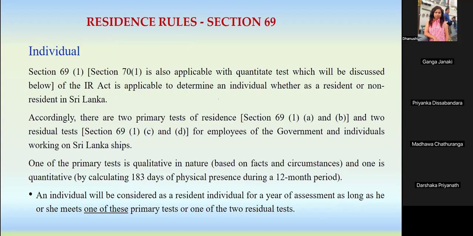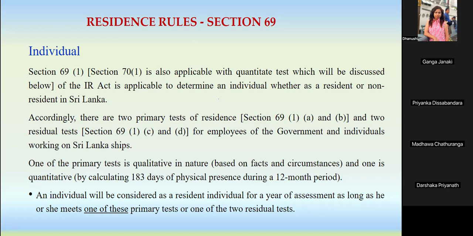So now we should know the way of determining whether that person is a resident or a non-resident person, because it is very important. There should be a test. There should be some characteristics to be considered to identify whether that person is a resident person or a non-resident person.